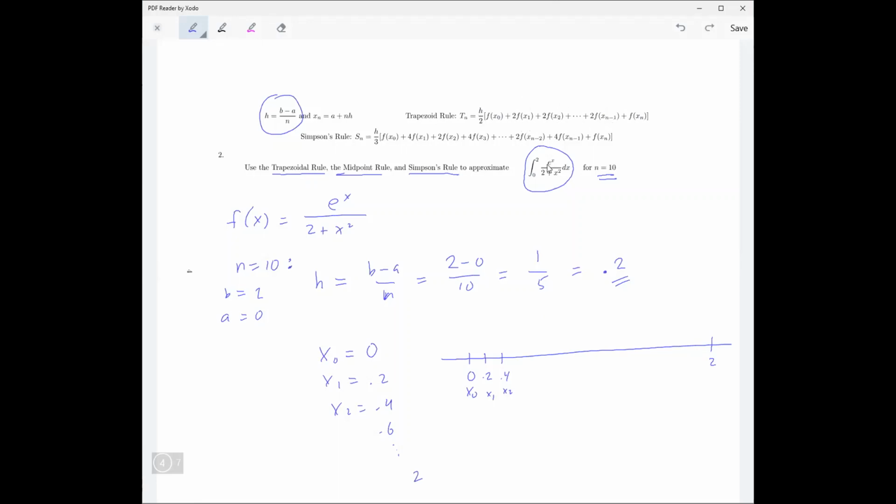So to understand what's going on here, I have 0.0, 0.2, 0.4, 0.6, and so on. For the trapezoid rule, I have the weights.